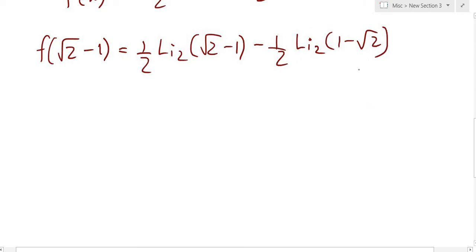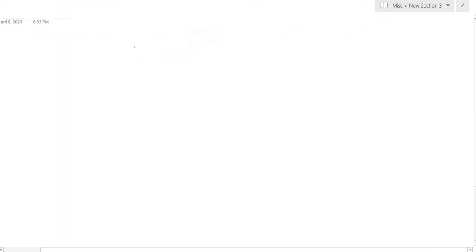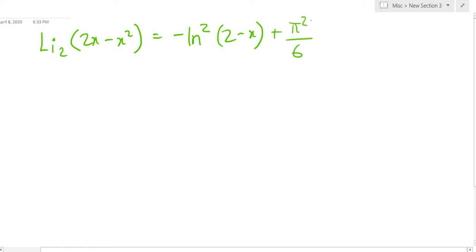Now let's simplify this on another page. Well, we know an interesting identity of these dilogarithm functions. So we have the dilogarithm of, say, 2x minus x squared, that's equal to the negative natural log square of 2 minus x plus pi squared by 6 minus 2 times the dilogarithm of 1 over 2 minus x plus 2 times the dilogarithm of x.